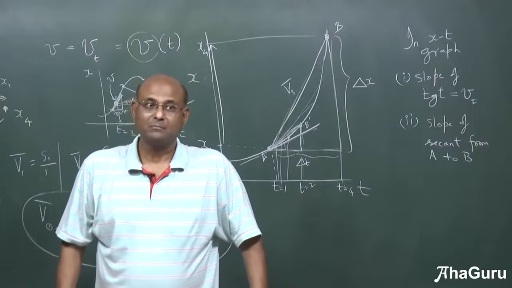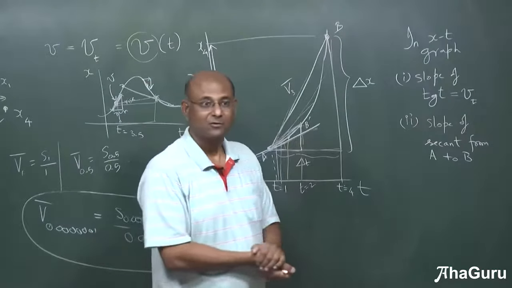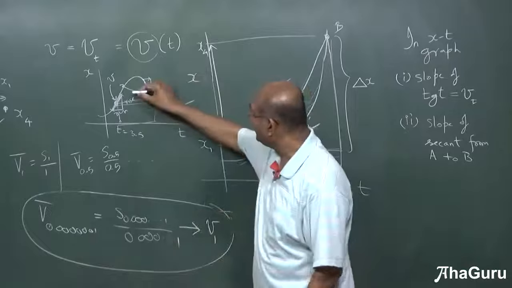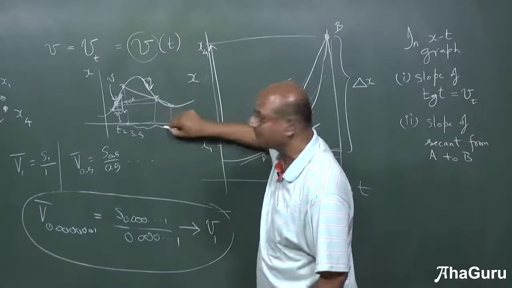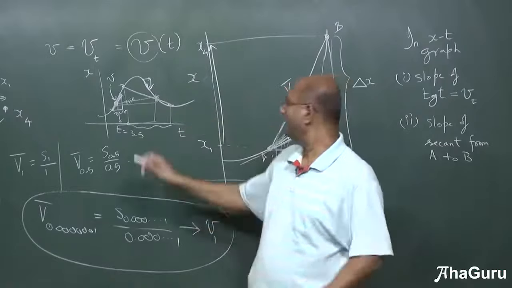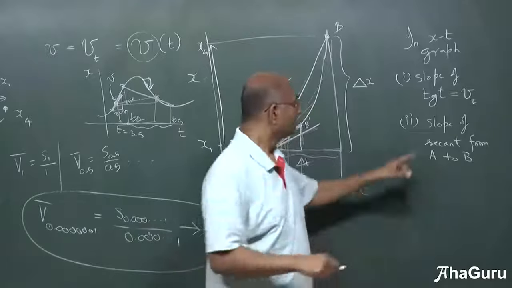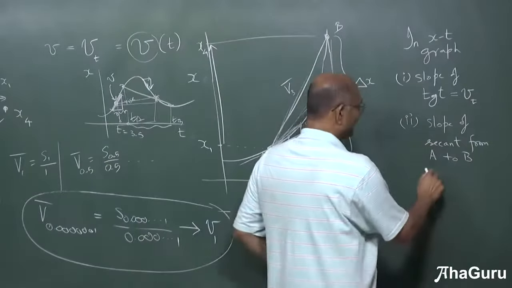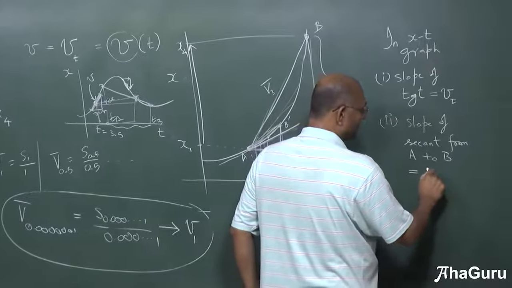What will be the slope? Average velocity. For what period average velocity? For the period represented by this point and this point, that is from this time to this time. So we'll call it TA, TB. So the slope of the secant from A to B is equal to what?